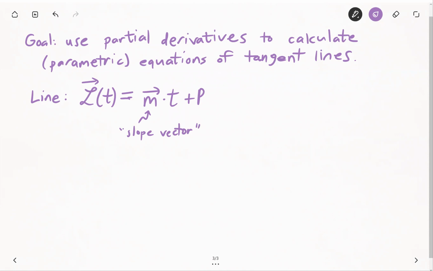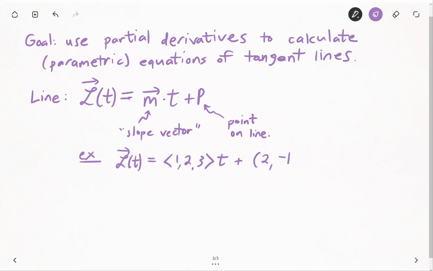That gives us the change in x, change in y, and change in z. And p is a point on the line. So, for example, you might have the equation 1, 2, 3 times t plus 2, negative 1, 4. Perfectly good equation of a line.